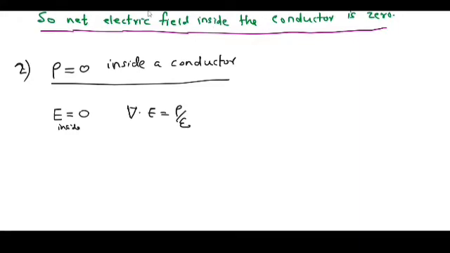Now, if the electric field E is equal to 0, according to this expression our charge density will be 0, which means equal amounts of positive and negative charges are induced and they cancel each other. So, the net charge inside the conductor is 0.